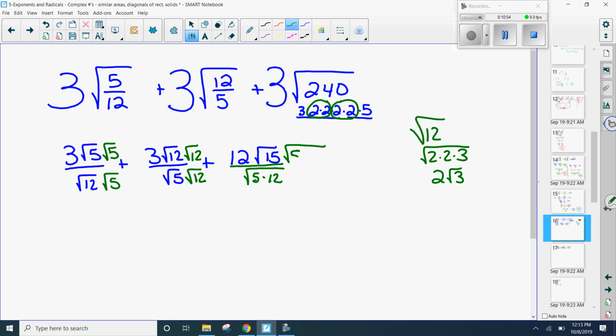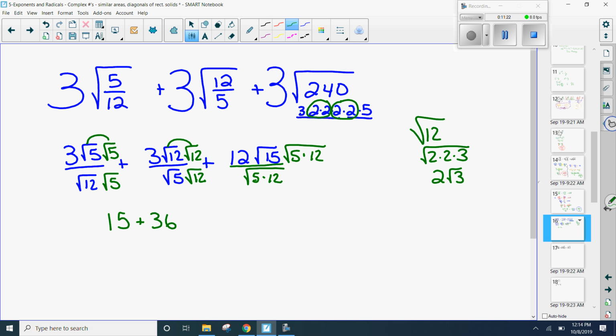You can just show it as 5 times 12, because we're going to simplify, so we're going to take out factors. If you look at it, radical 5 times radical 5 is 5, times 3 is 15. Everybody okay with that part? And this one was radical 12 times radical 12. 12 times 3 is 36.